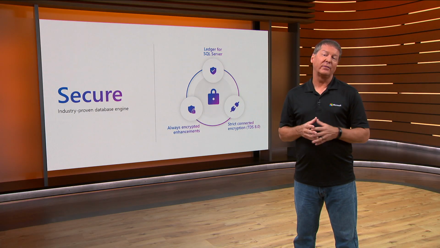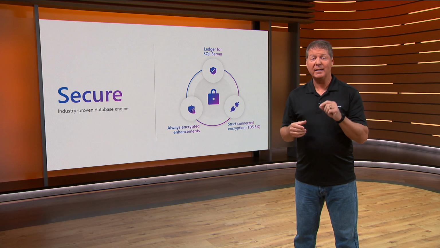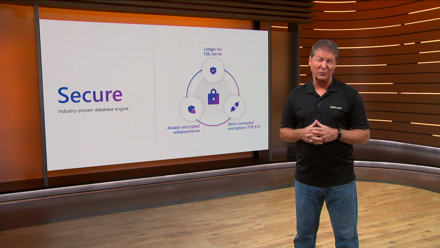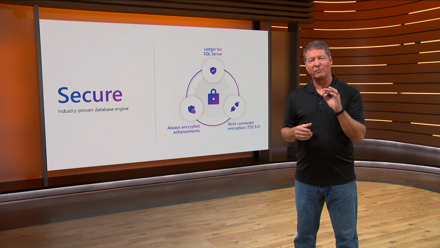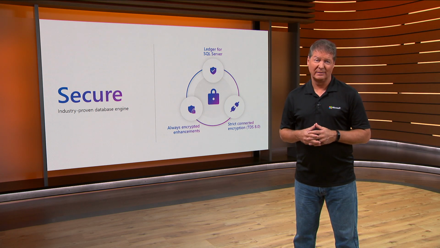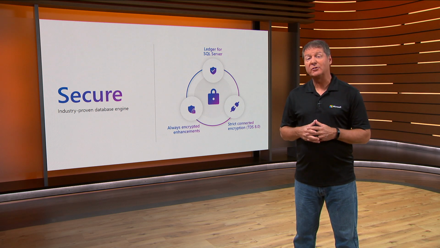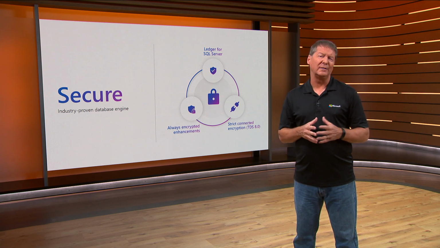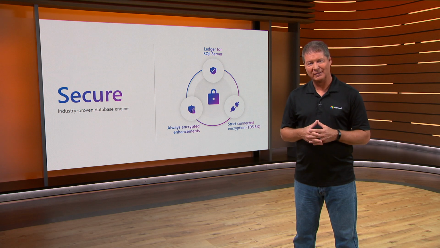Before we talk more about those cloud-connected features, I can't talk about SQL Server 2022 without touching on the vast set of core engine features for security, scalability, and availability. For security, this includes SQL Ledger, our built-in blockchain technology in the SQL engine.